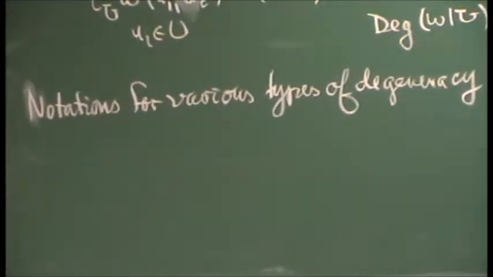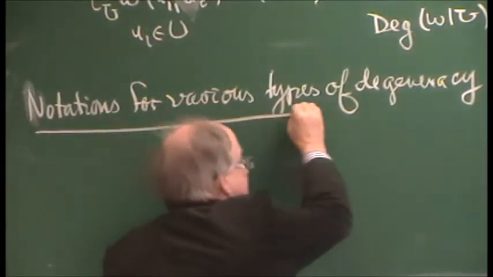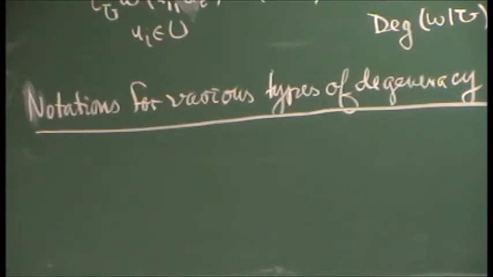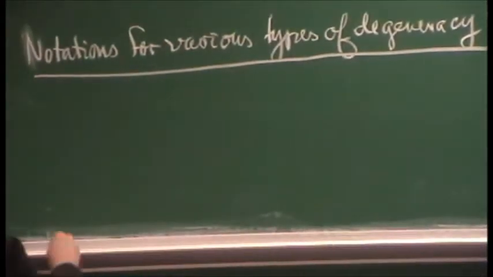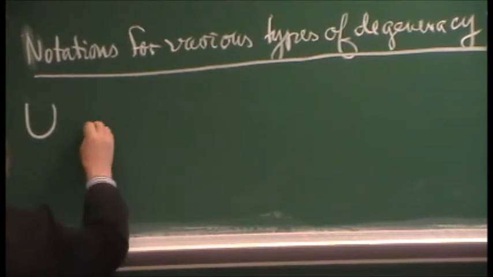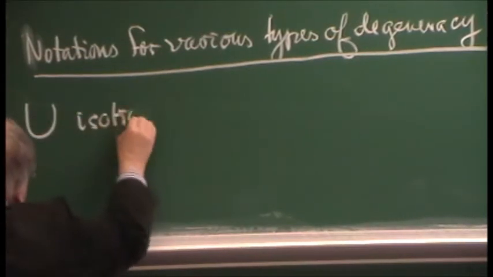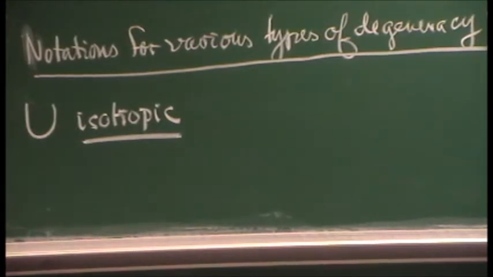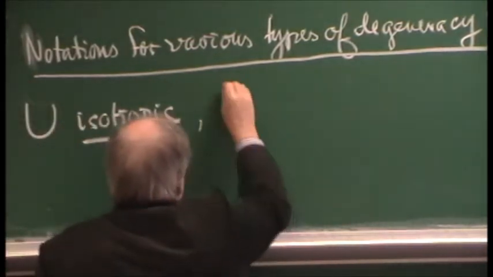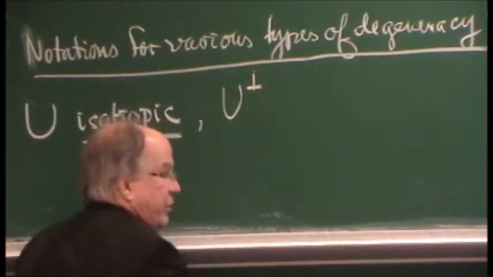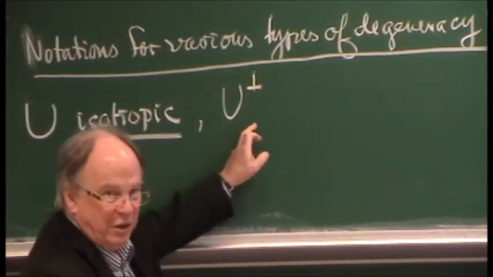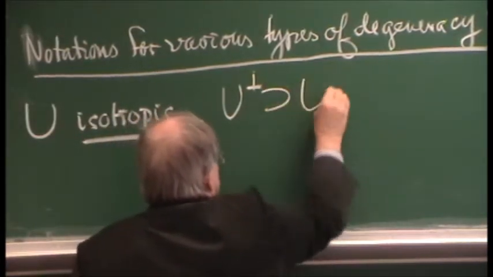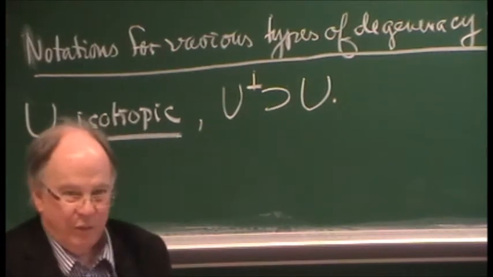Some are very important in physics, and the role of these spaces was introduced by people like Dirac. The first thing is U could be called isotropic. That means what you think. It means the perpendicular space to U, this is my notation, so let's just try to get used to it, everything that's perpendicular to U, contains U. Now, this is getting a little bit crazy.